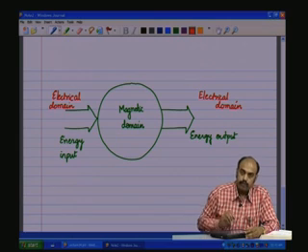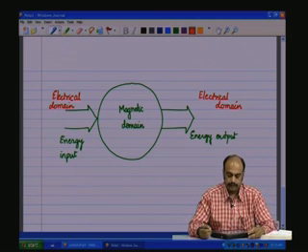Now, this would be the structure of a transformer.